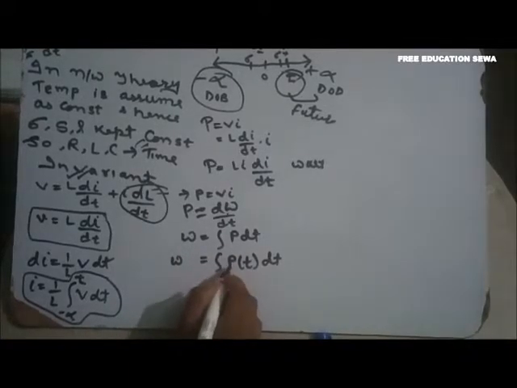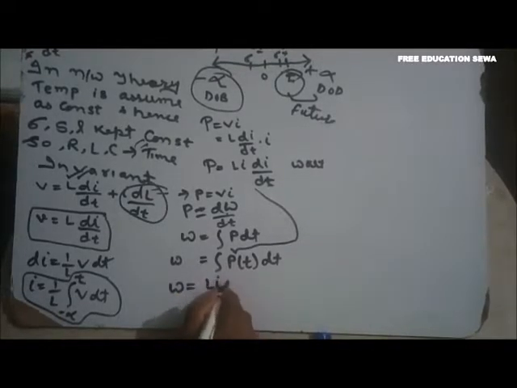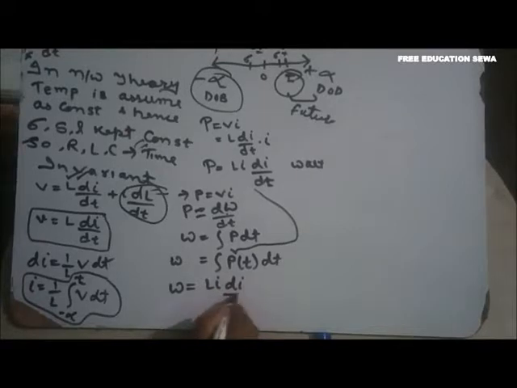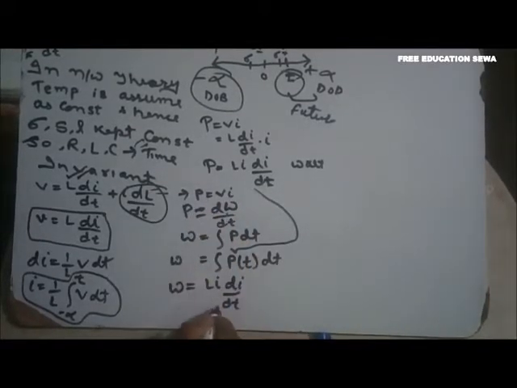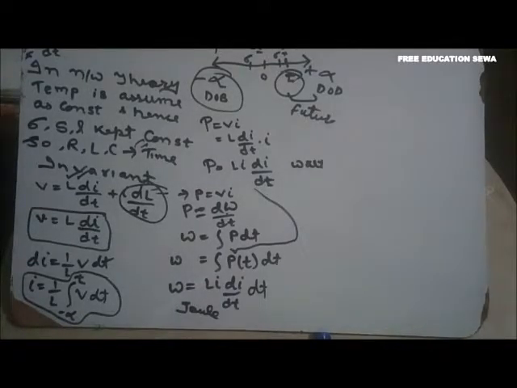Now we can put the value of P here. So we will get work done equals integral of L di/dt times i dt, and its unit is of course joule. Work unit is joule. Now this is an important formula. Questions were asked sometimes.